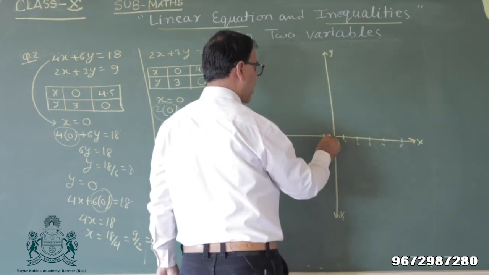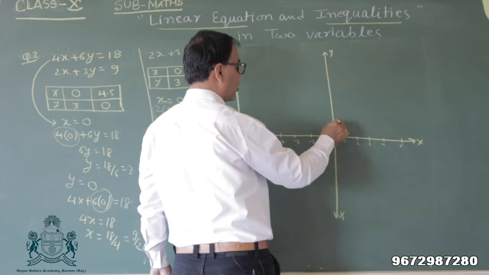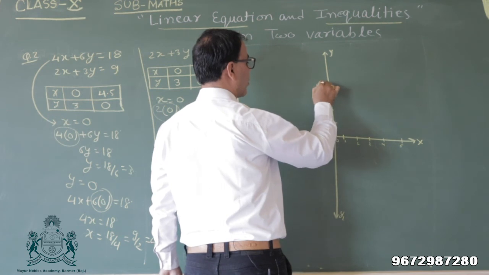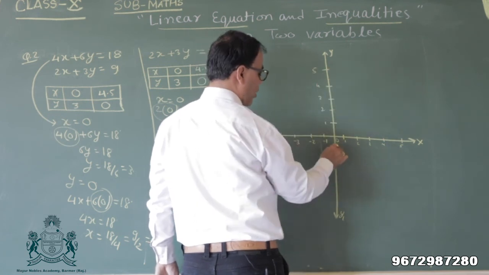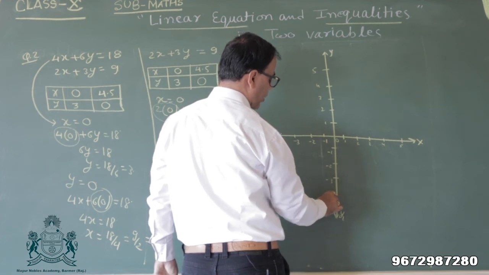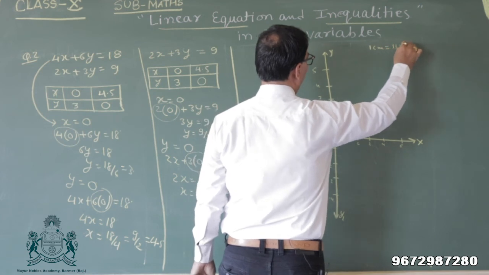Left side is negative number -1, -2, -3, -4. Upper number is positive 1, 2, 3, 4 and 5, and lower number is negative -1, -2, -3 and -4. Scale 1 centimeter equal to 1 unit.